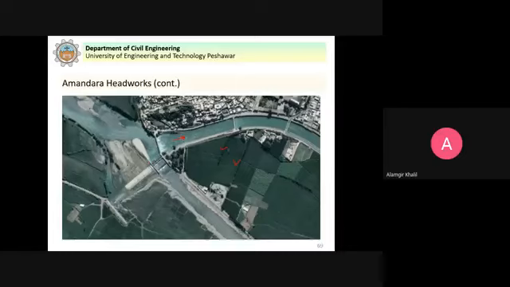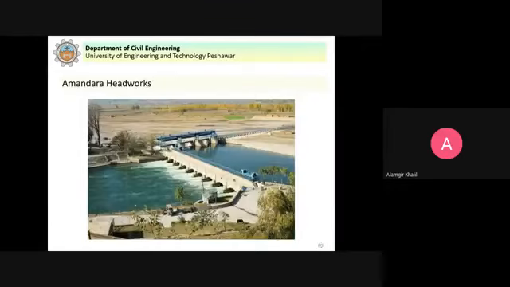This is the canal head regulator. This is the Swat river that flows in this direction here. And you can see the agricultural fields on both sides. This is the close picture here. So this is how the water flows. Clear?